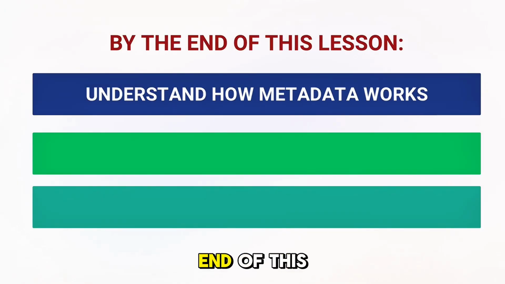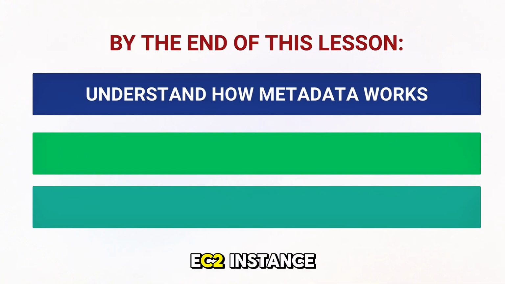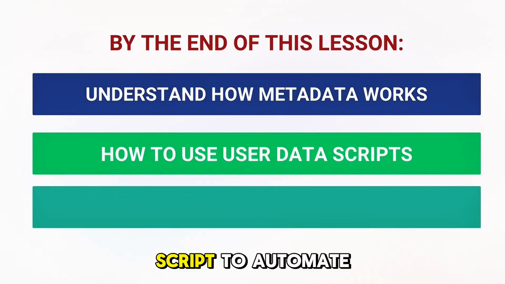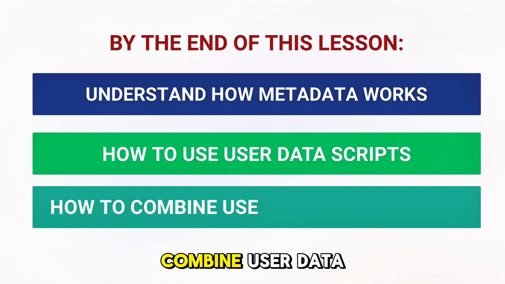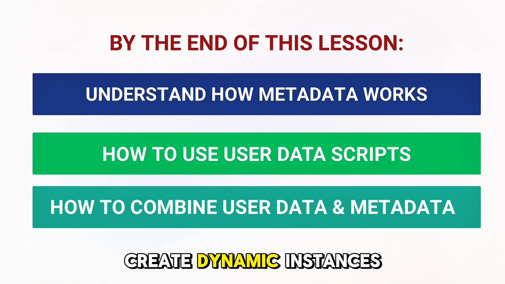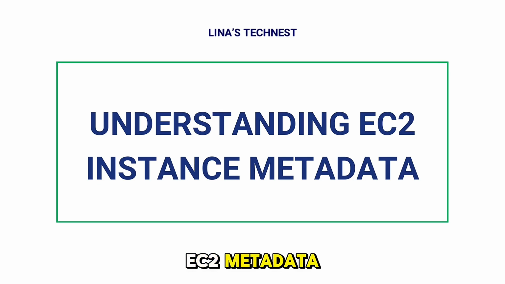So by the end of this, we will understand how metadata works, how to retrieve it inside an EC2 instance, learn how to use user data scripts to automate configurations, and know how to combine user data and metadata to create dynamic instance setups. So now, understanding EC2 metadata.